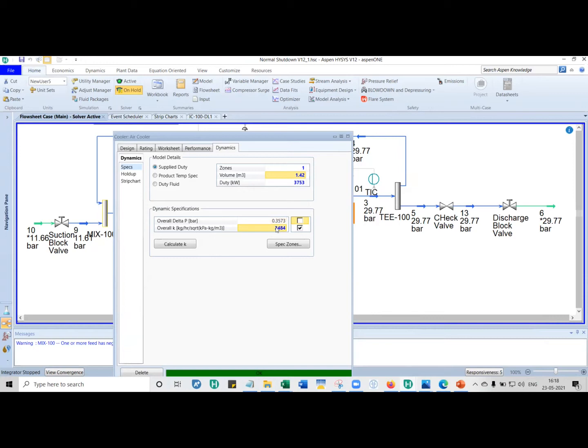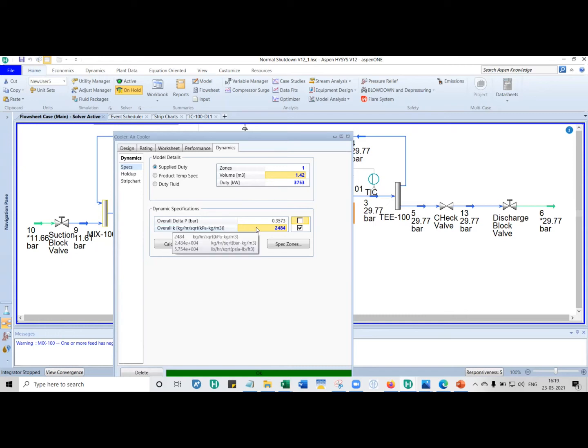K is a loss coefficient. It is basically the dynamic head, kV square by 2g. If you convert it to mass flow rate terms, it is nothing but mass flow rate divided by the square root of pressure drop times density.